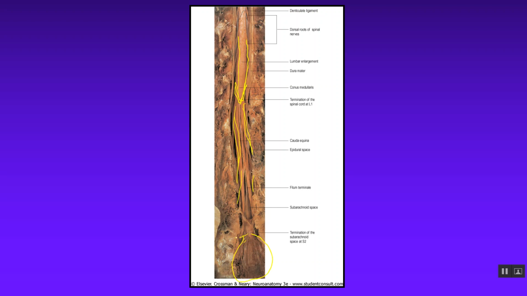The sacrum is down here, and there's a little bit lighter colored piece. You see this? This is the filum terminale, that little tiny structure that anchors down from the spinal cord. And sometimes, if your spine grows faster than your spinal cord, you can have tethered cord syndrome and so forth.